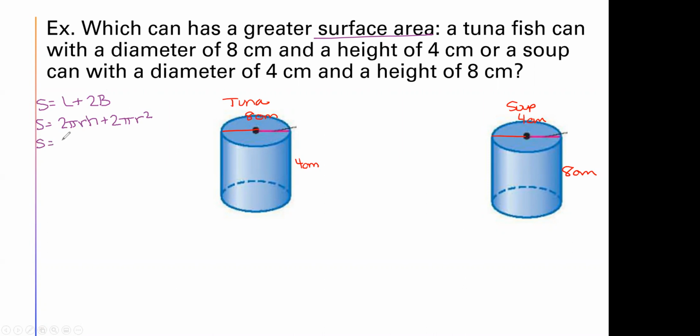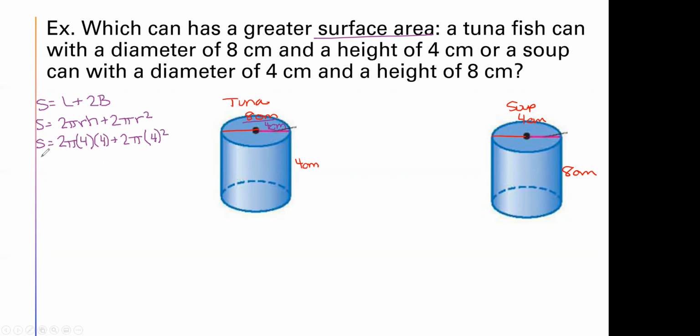So I'm going to plug in my values for the tuna can. Now 2 times pi times the radius. Now it gave us the diameter, so be careful with that. So if the diameter is 8, the radius is going to be 4. Okay, and then the height is 4 also. And then 2 times pi times the radius, which we just figured out was 4, not 8.